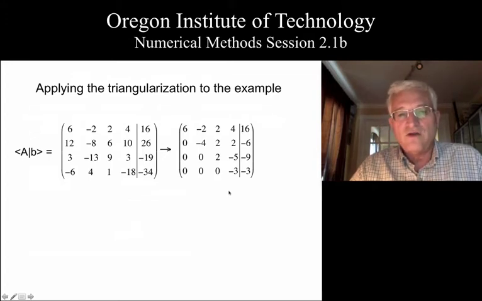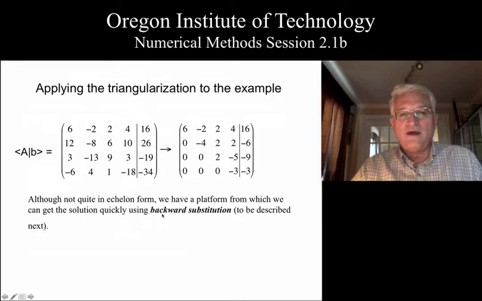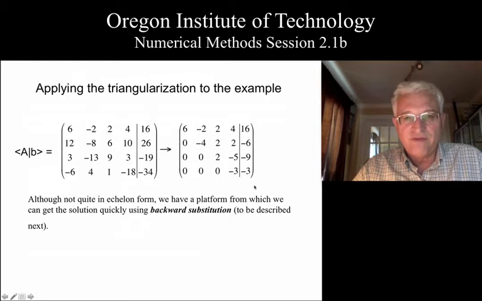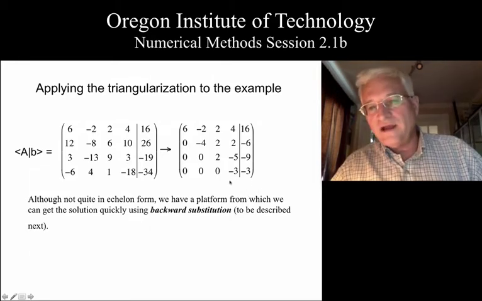Okay, so that isn't quite echelon form, and therefore we're not quite ready to finish this thing off other than to say this would have full rank. But rather than go on to reduced echelon form, we're going to use something called back substitution, which is a very fast and stable means to get the right answer. And we'll find next time that it's really easy to find out what the last variable is.